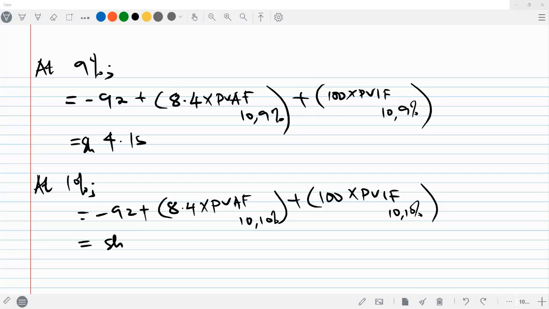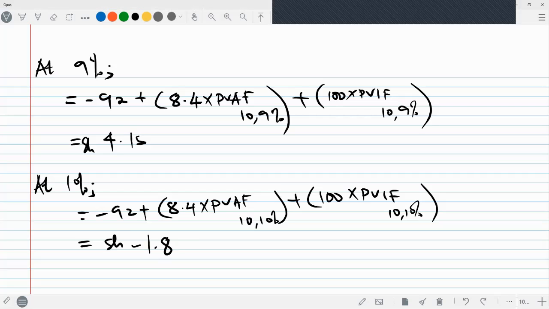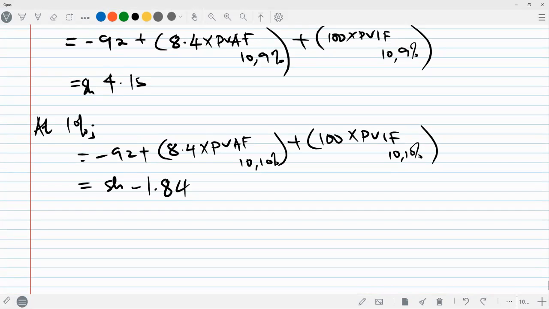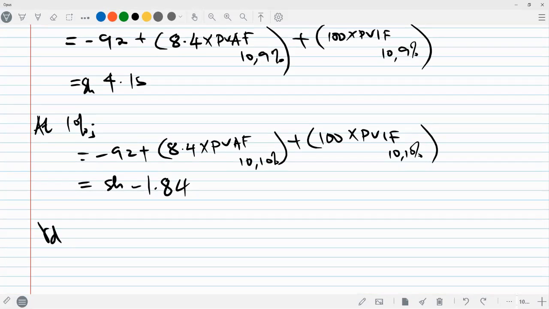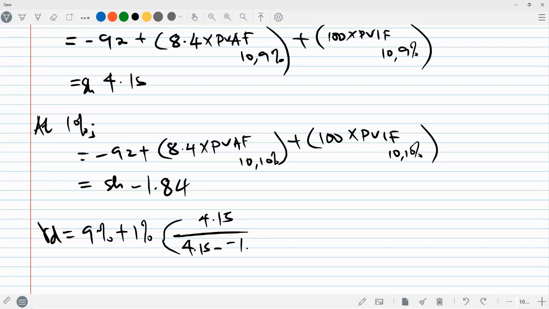Negative 1.84. Based on those two, we can conclude that the cost of this debt is between 9 and 10%. So let's use the IRR formula. Cost of debt will be 9% plus 1%, the difference between the two, times the value at 9%, 4.15, over 4.15 minus 1.84.